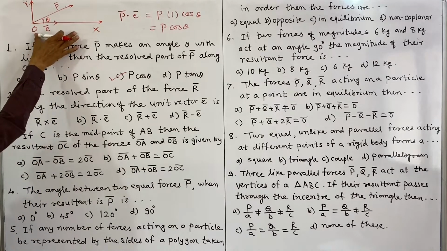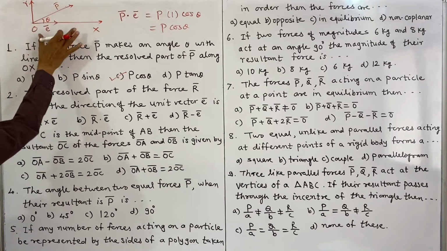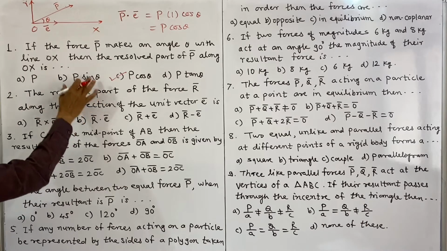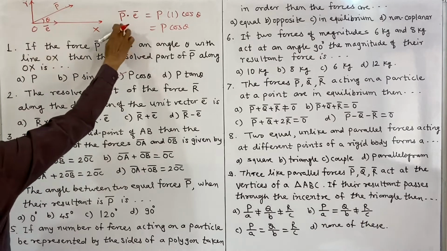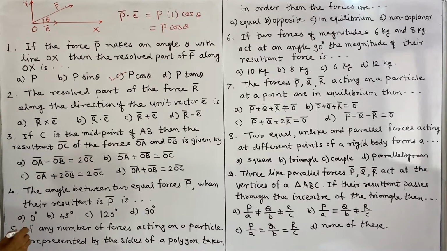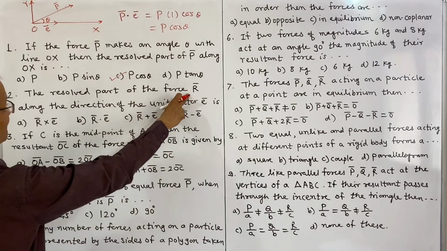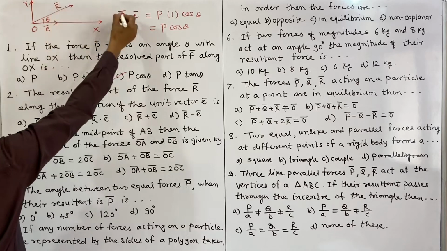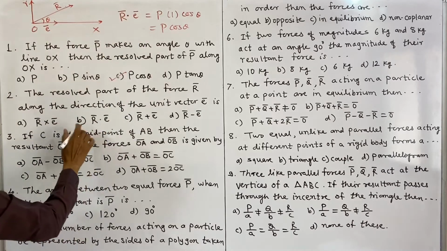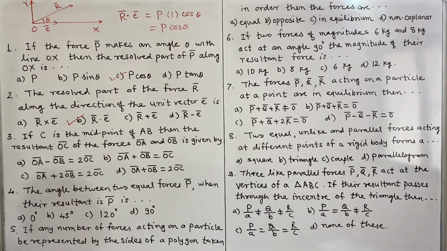Here, if the force is resolved along OX, it is P cos theta, and the same result can be written as the dot product of P and E. But here the force is given as R, so that will be R dot E. So, B is the correct alternative.